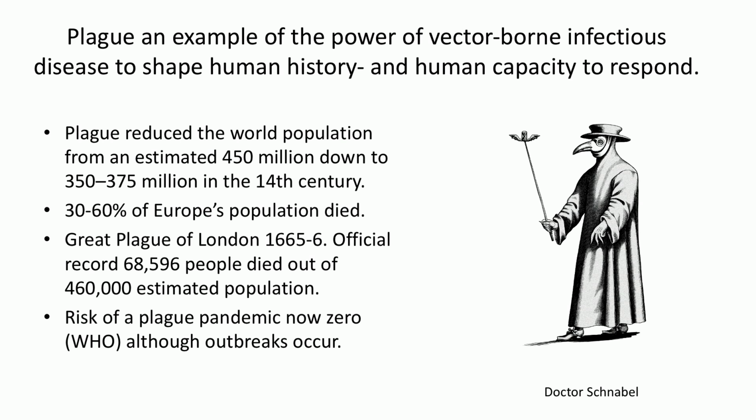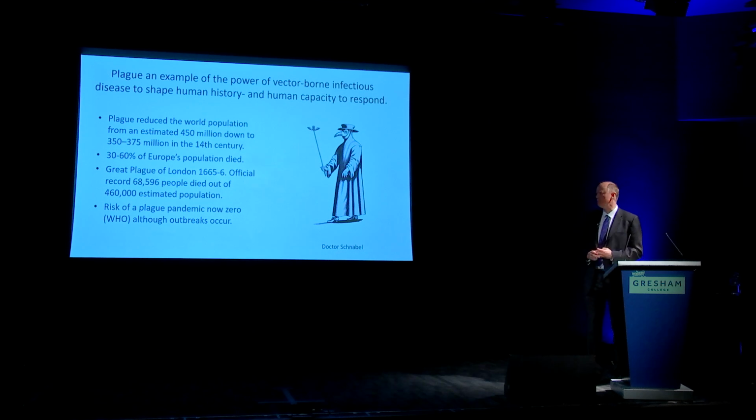Almost certainly that was more than that, out of a total population at that stage of just under 500,000. So this was a really substantial risk. The risk of a plague epidemic now is zero. There are still cases, indeed there are still outbreaks. And the reason for that is partly development, but partly because we've got treatment in the form of antibiotics, which we can use as part of treatment.